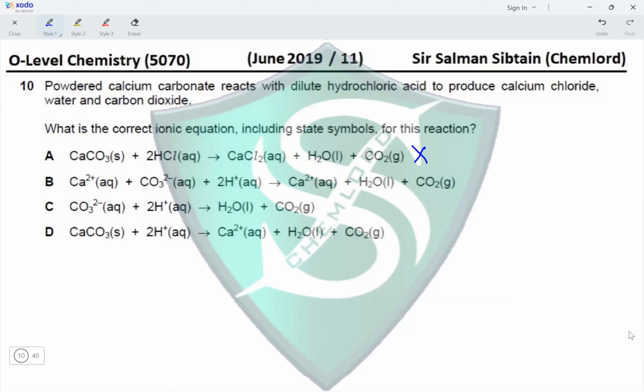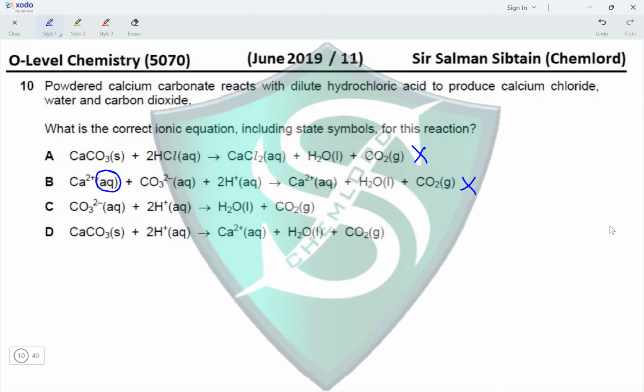It seems correct, but the problem is in the reactants, the calcium ions are written as in the aqueous state. But we should remember that calcium carbonate is not soluble. So it cannot be calcium ions in the aqueous state. It has to be calcium carbonate solid. So this state makes option B incorrect.